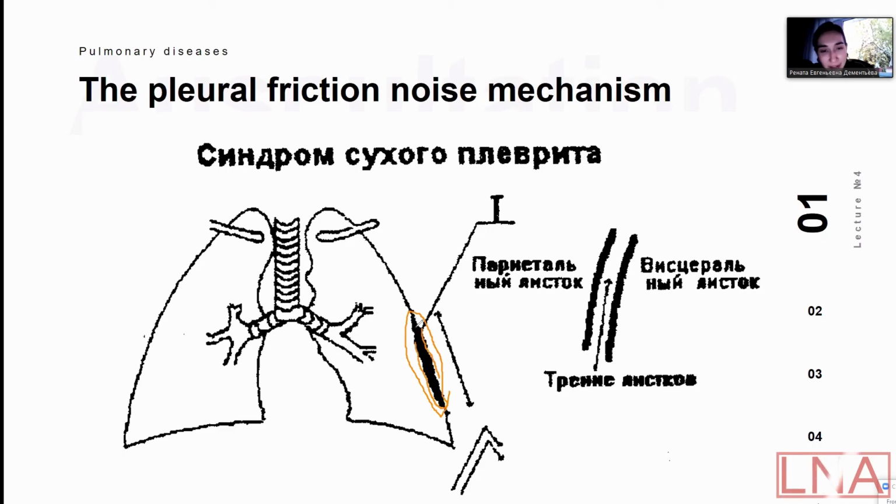So the main moment of formation of the pleural friction rub is contact of the parietal sheet and visceral sheet of the pleura.